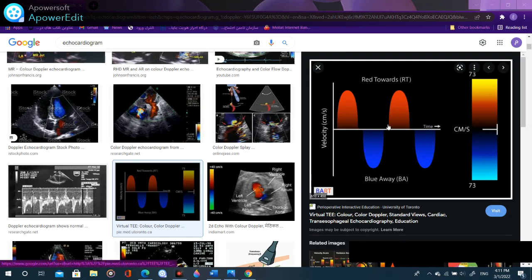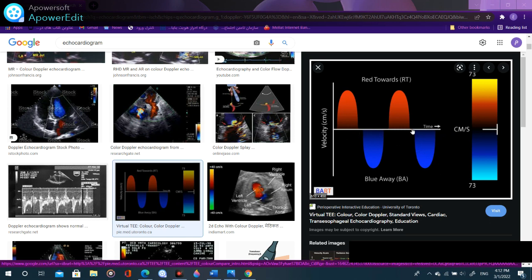So, if this is my probe, the flow that comes to the probe we see as positive, or in color we see red. The flow that goes away from the probe, for example, to the aorta and to the body, we see as blue in color and negative in Doppler.